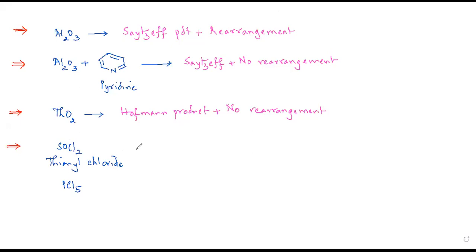Now these two, in fact, are actually meant for converting the OH or the alcohol that is given into halide, which is a very good leaving group. So OH is converted into Cl because of these reagents. So they are just meant for converting alcohols into halides, because halide is a better leaving group.